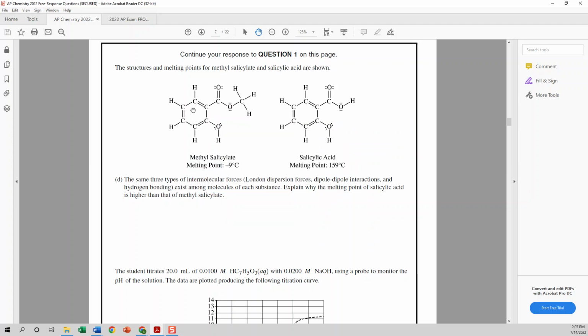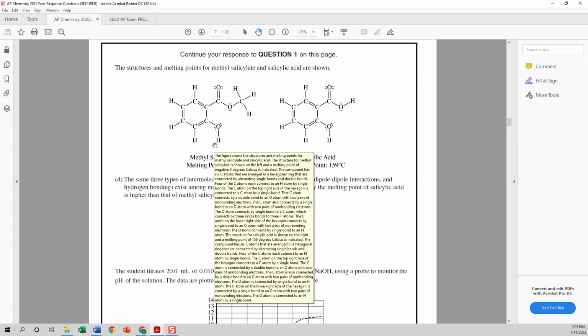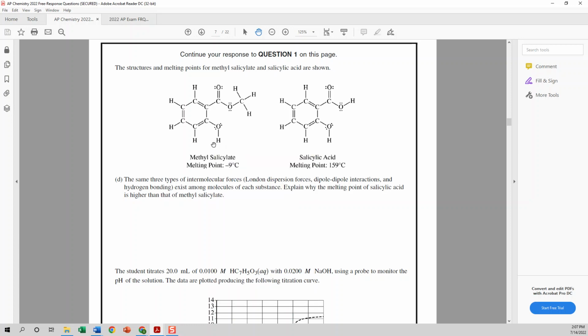Remember, when you're talking about covalent compounds, organic compounds, when you're talking about IMFs, hydrogen bonding is pretty much the top dog. So the question is, why does this have stronger hydrogen bonding than that? What you'll notice is this only has one place where you can have hydrogen bonding, right? That has one FON bond.